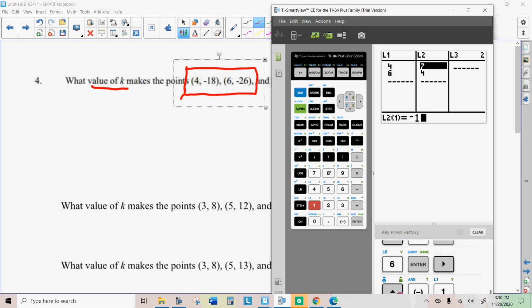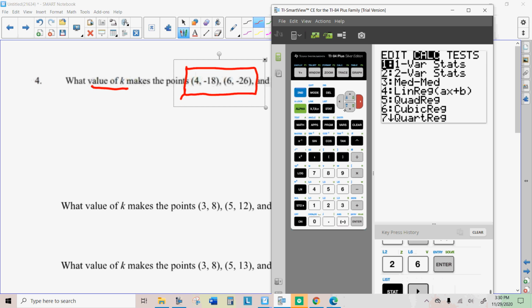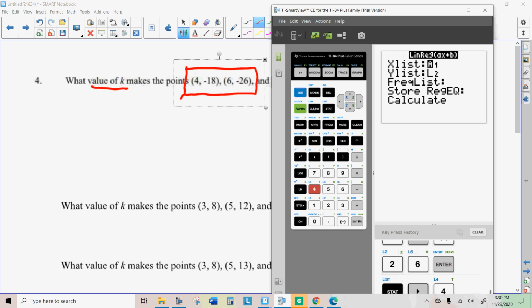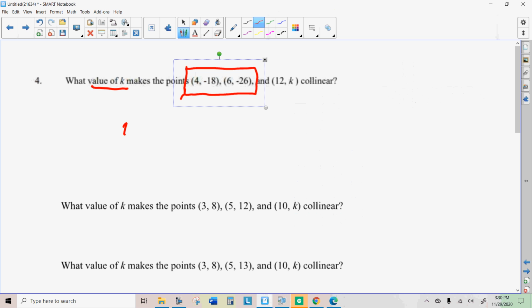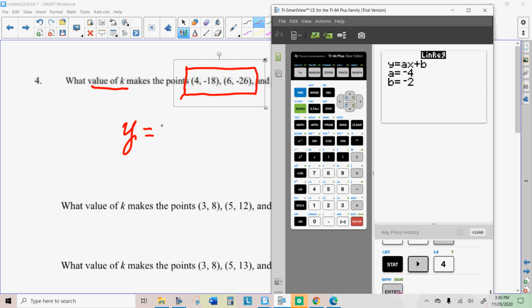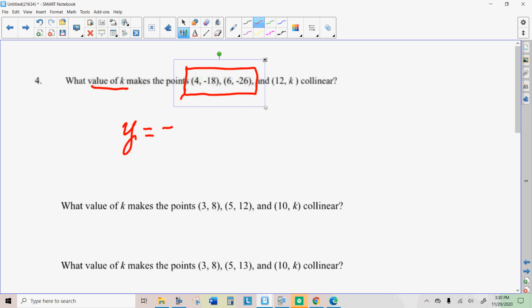So -18 and -26. And then I'm just going to do this linear regression thing that you guys have been doing so much and are getting so good at. So my equation is y equals, my slope is -4 and my y-intercept is -2.